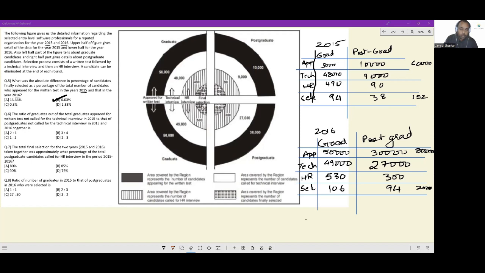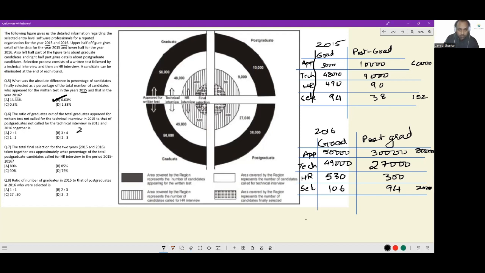Okay, next one. The ratio of graduates out of total graduates appeared for the written test, not called for technical interview in 2015, to that of postgraduates not called for technical interview in 2015 and 16 together is. So it is 2000.